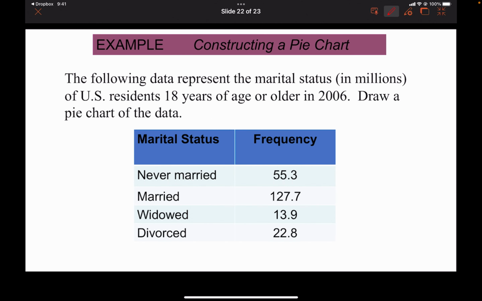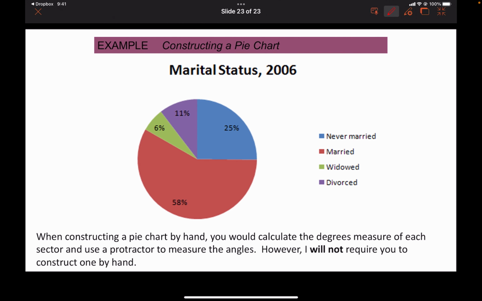So let's take a look at the 2006 marital status data. I just took this frequency here, and I'm going to put it into a nice pie chart. Usually when I'm making a pie chart, I will make sure that the percents show on it, because it doesn't make as much sense if you can't see those percents. When you're making them in Excel, you have to specifically click on things to make sure the percents show up, and I'll show you when we do the lab.